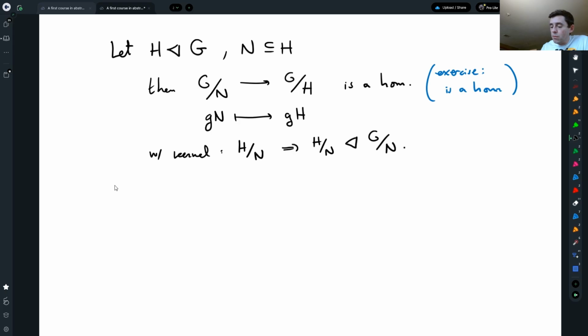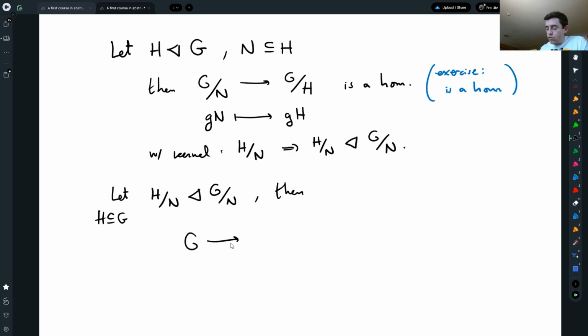In the opposite direction, if we have a subgroup that is normal in G mod N, so we have a subgroup H, a priori H is just a subgroup, such that the quotient by N is normal in G modulo N, then there is another homomorphism that goes from G to G modulo N, that's just reduction modulo N, and then this goes to G modulo N modulo H modulo N, that is another homomorphism.